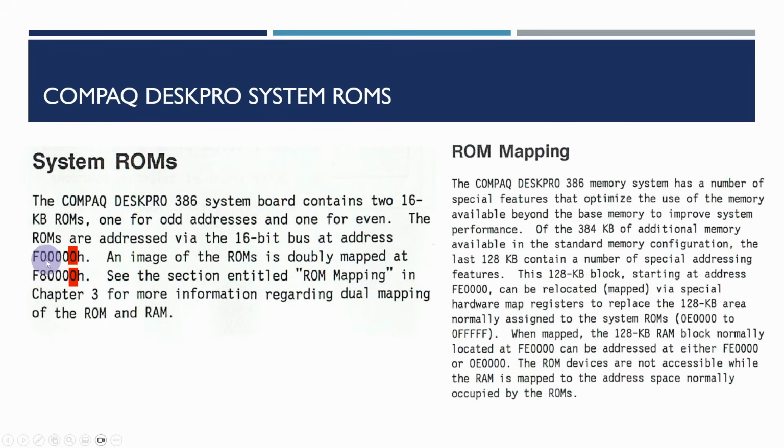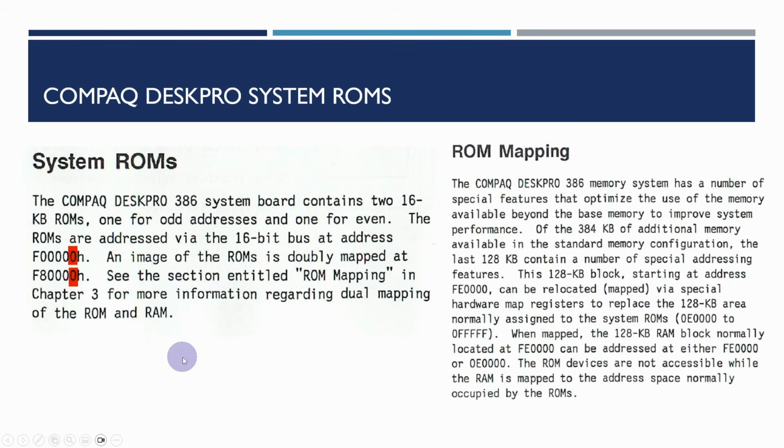They actually map the 32K into the F and F8. So it's basically F is a 64K region, F8 is a 32K region. So effectively these two 16K ROMs together make 32K, but it actually appears twice in this address space. So it wouldn't make sense to have this as a 16 megabyte address space and do that.